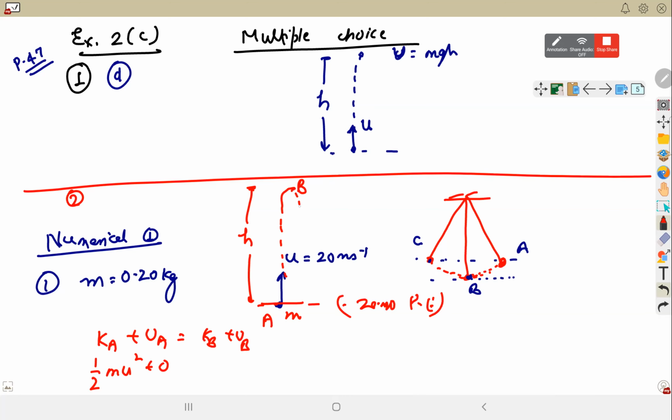When it is at the maximum height, its kinetic energy will be 0 because it comes to rest, and potential energy will be the maximum. So the maximum potential energy will be the same as the kinetic energy given at the lowest point, half mv square. So you can directly calculate half mv square. That's 40 joule.